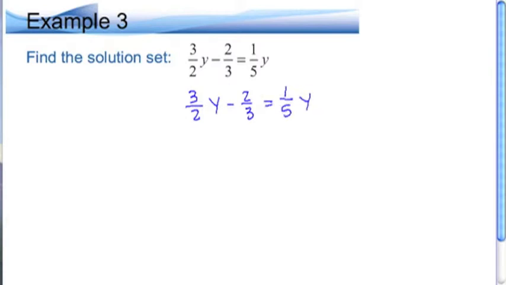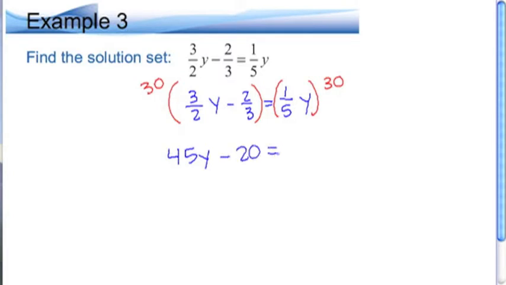So I am going to find the least common denominator of all three of those fractions, which in this case would be 30, and multiply both sides through by it. That gives us 45y minus 20 equals 6y.